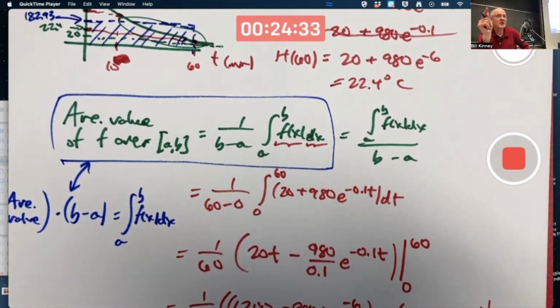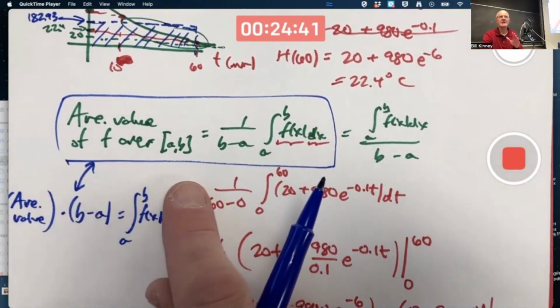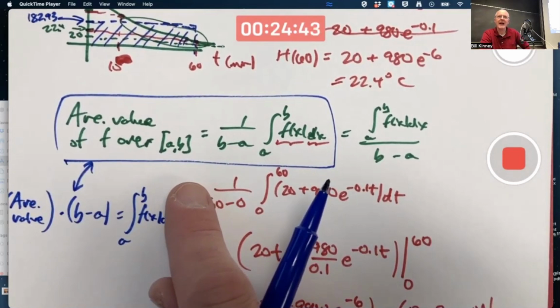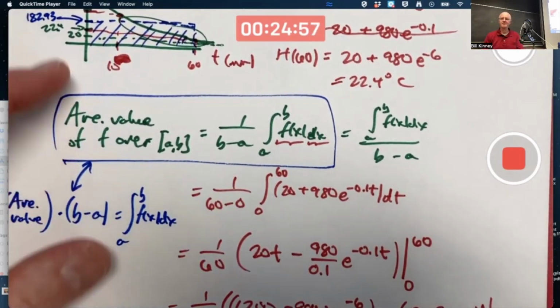When you get to Gen Physics 2, you're going to be doing something called line integrals for electromagnetism and surface integrals. Average value is not really so much a calculation tool there as it helps you understand what the integral means. That's especially relevant in multivariable calculus and its applications. Okay, so this is something worth remembering.